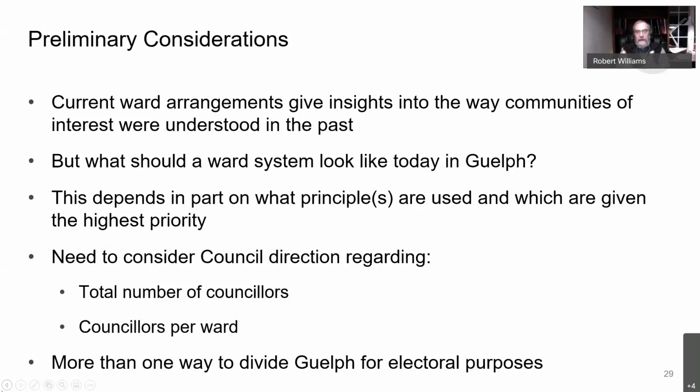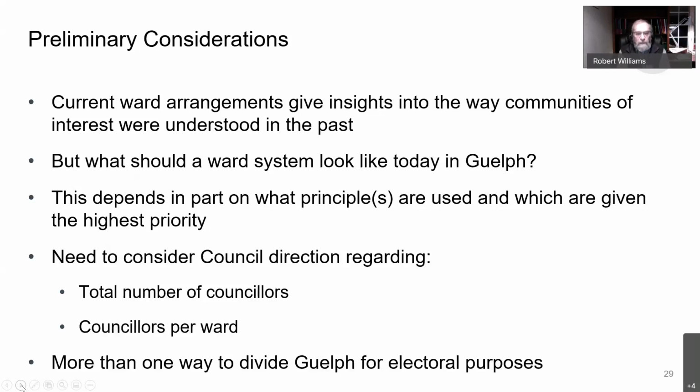Some neighborhoods probably still will end up in the same ward because they are not divided by a major roadway, or because grouping them together allows us to meet the population principle. But there are other ways that we might have to do this. And in part, this depends on which principles are actually used. They will all be used, but which one is given the highest priority?